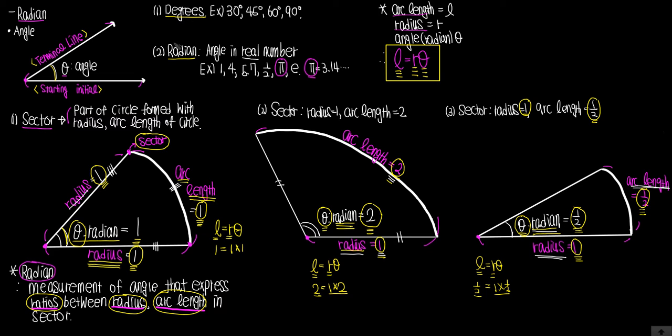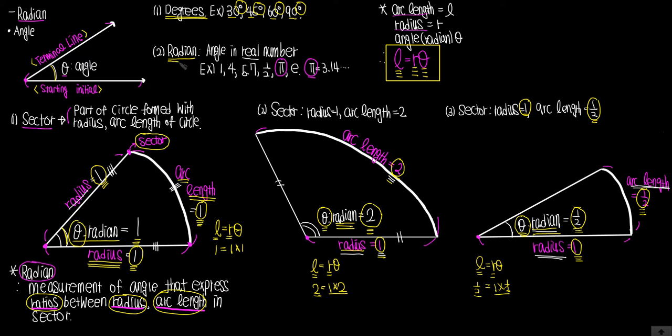The reason why we generally use radian in our trigonometric functions is because for degrees, we could express it in terms of a number, but it had special units that look like a small circle. For degrees, we needed special units.